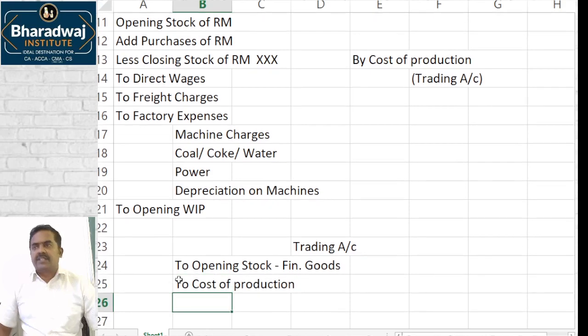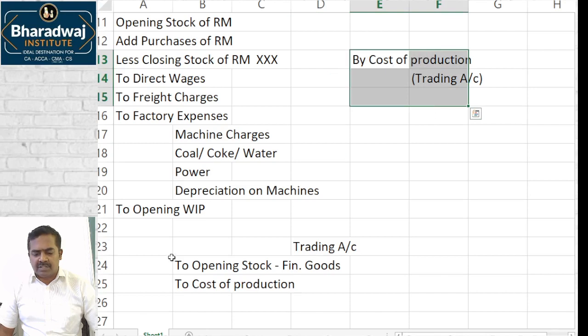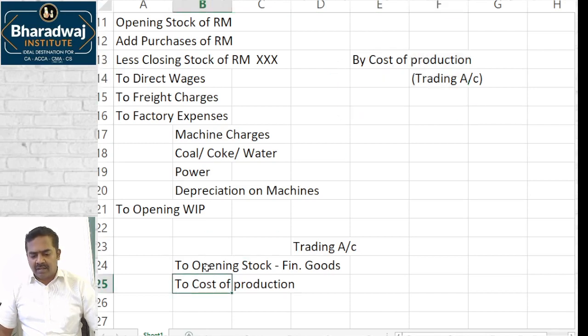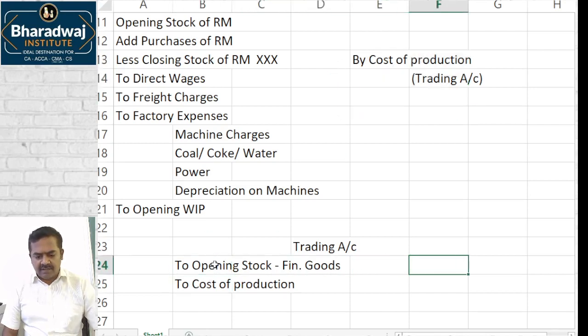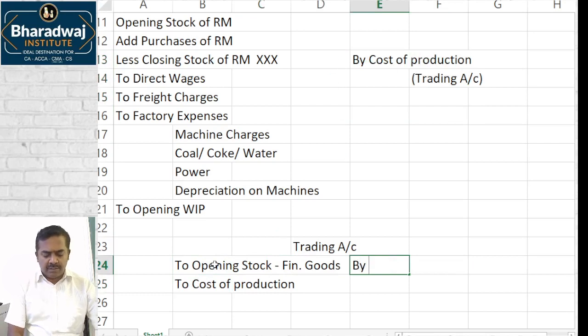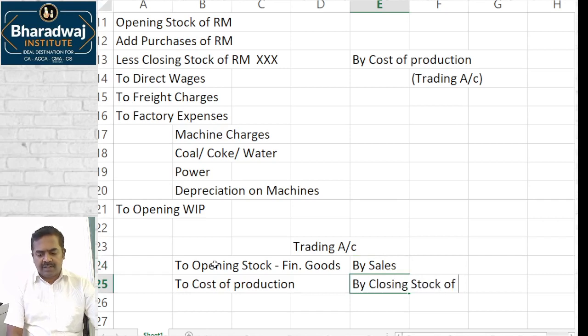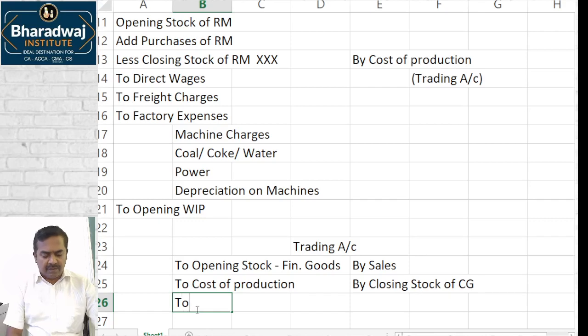We don't purchase and sell; we manufacture and sell. This cost of production will be charged to the trading account, and we'll record the sales. The manufacturer sells the goods, and records the closing stock of finished goods. Then on tallying, what will he get? Gross profit.